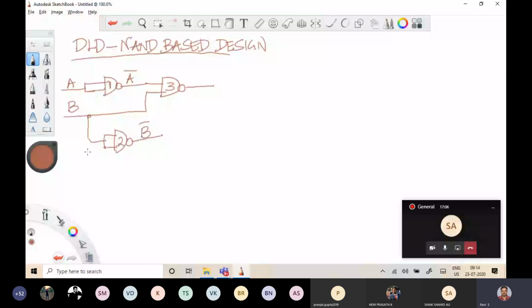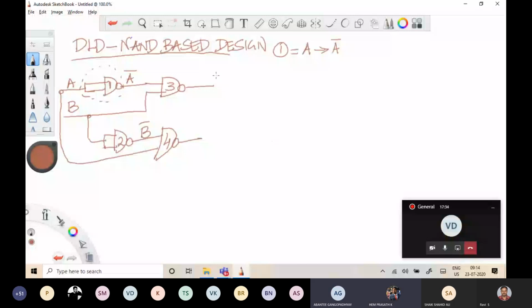Now A and B bar are connected to one more NAND gate, that is number 4. Number 1 will take A as input and deliver A bar as output since this is a NAND based inverter. Correct? Any doubt?